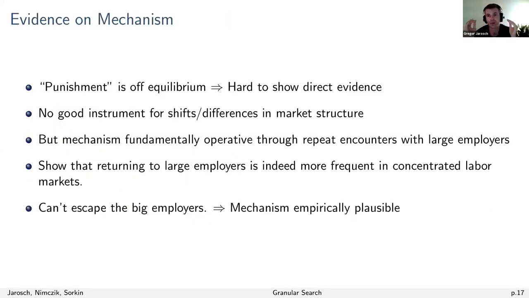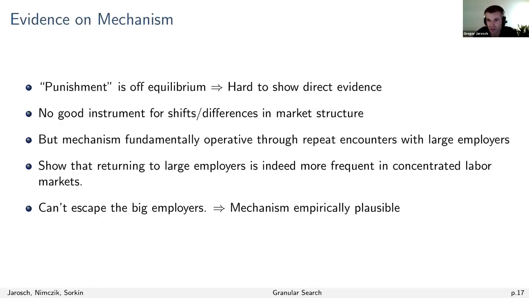Okay, before I get there, there's a question of whether there is some notion of direct evidence for this mechanism. Firms here, on some level, run these blacklists where they can credibly threaten to punish a worker. Sometimes we get asked, is there anything direct?